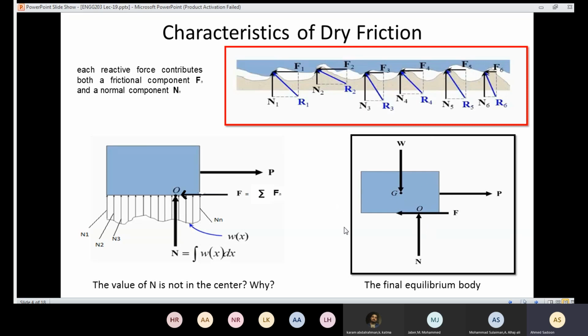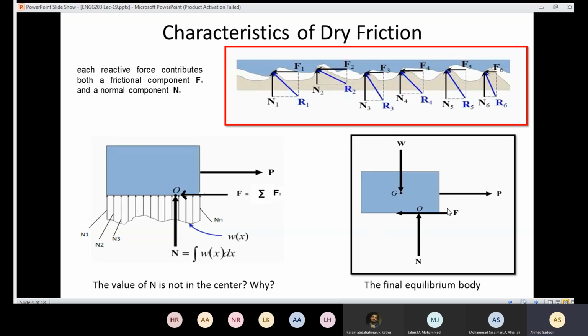And at the contact between the floor and the box, we are going to have a frictional force opposite to the applied force, and we are going to have a normal force here in order to counter the weight of the box.